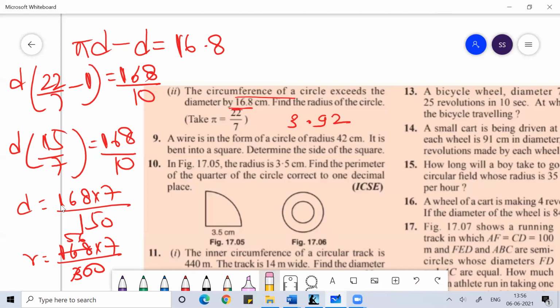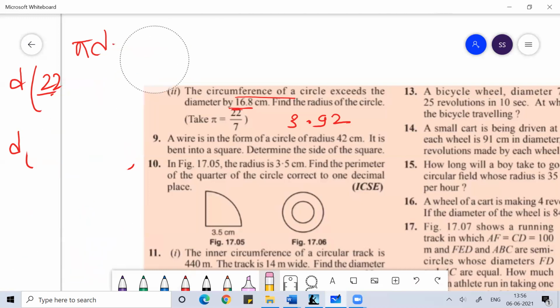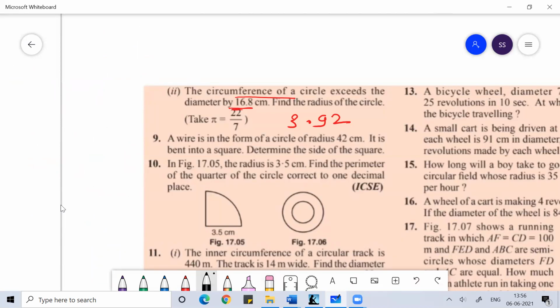Ninth one. So if there's a circle, first we'll find the area, right?